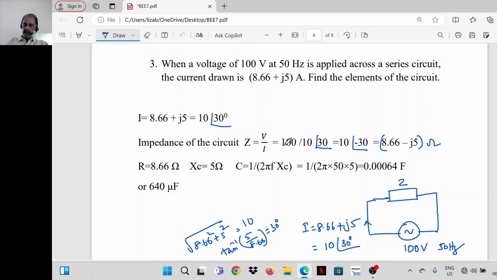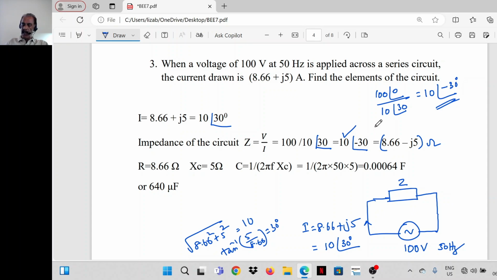Divide the magnitude 100 by 10, it is 10. 0 minus 30 is minus 30. So 10 angle minus 30 is the impedance.